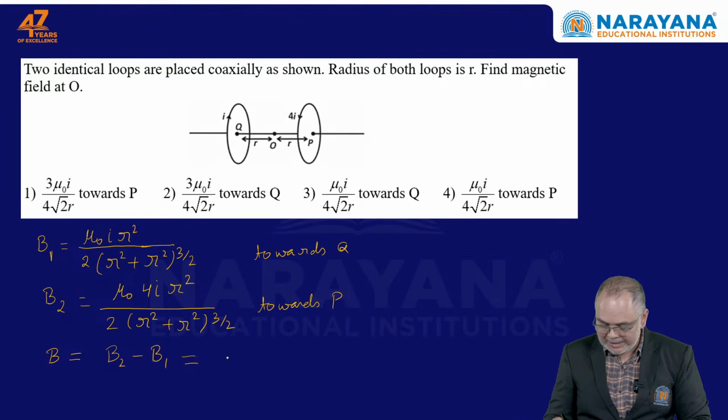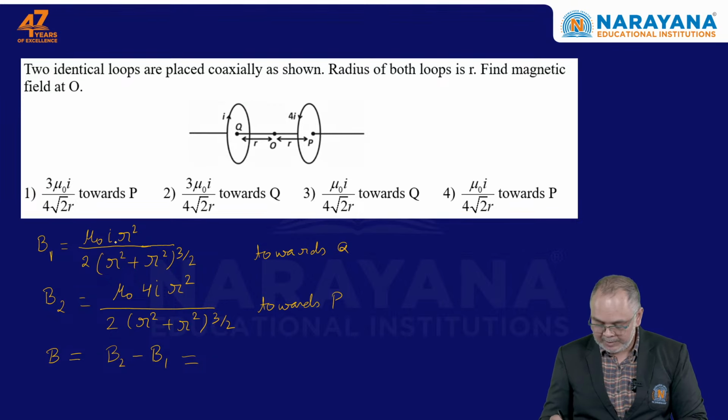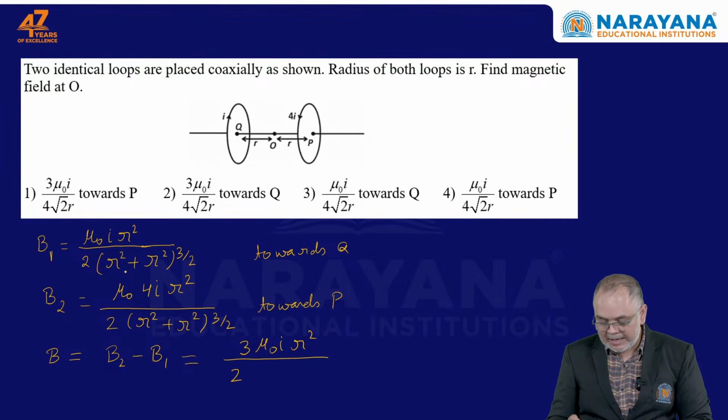So here if we subtract these two, you can see clearly the remaining values are all the same except the current value. So we can subtract the current over here, 4i minus i, that is 3i. So I can write this magnetic field will be what? That is 3 mu naught I into r square upon 2 into (r square plus r square), that is (2r square) to the power 3 by 2.